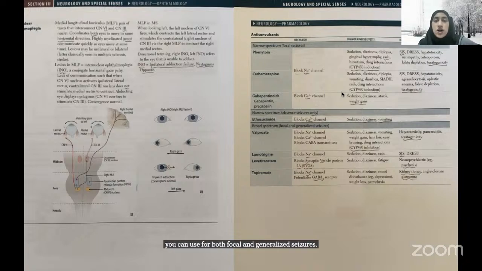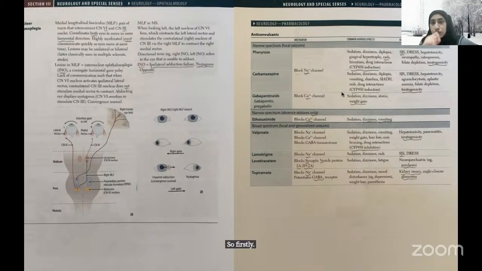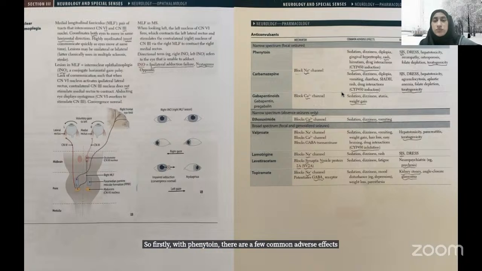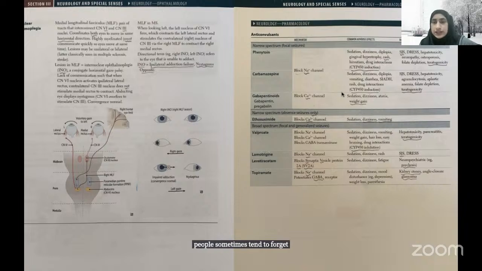For the first category, we have three drugs: phenytoin, carbamazepine, and the gabapentinoids, most commonly gabapentin. Firstly, with phenytoin, there are a few common adverse effects that people sometimes forget, but they're always tested.